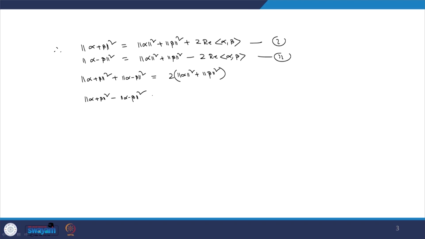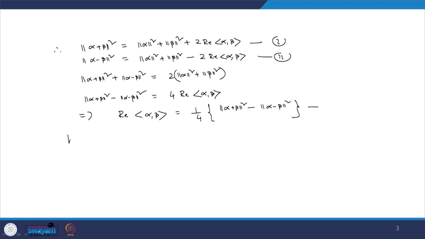This is equal to how much? 4 times real component of inner product of alpha beta. So, this implies the real component of inner product of alpha beta equal to 1 by 4 times norm of alpha plus beta whole square minus norm of alpha minus beta whole square. Okay.